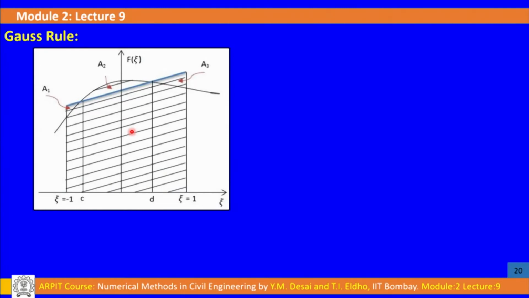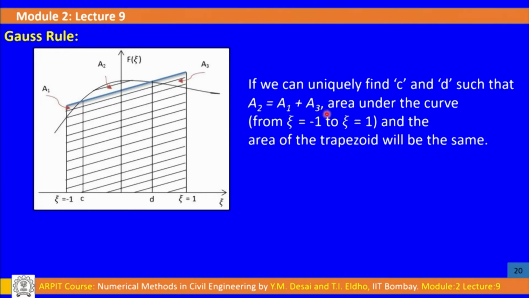For some certain type of integrand, if I am able to find uniquely these points C and D and the associated weights W1, W2 such that A2 becomes A1 plus A3, the area under the curve from xi equal to -1 to +1 and the area of the trapezoid thus constructed will be the same.